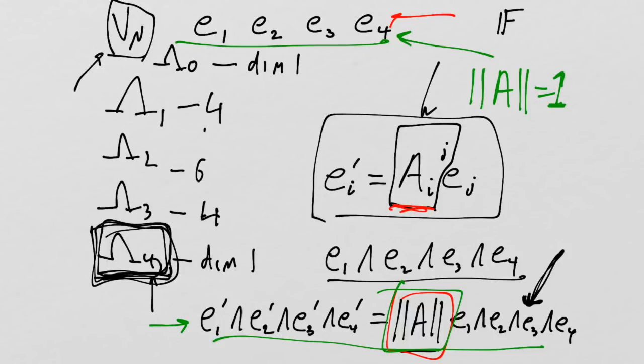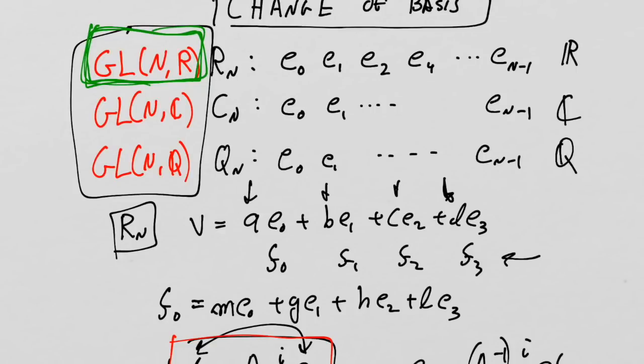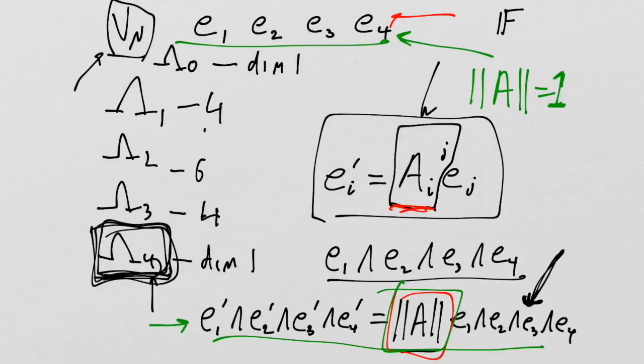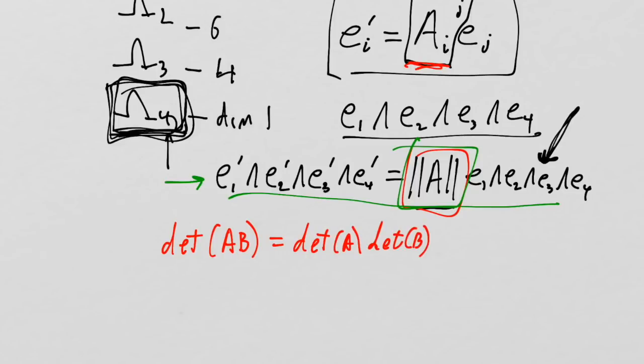And that is a subset of all the members of GL(n, R), right? That's not all of them. That's just some of them. But what's interesting is that we know that the determinant of the product of two matrices equals the product of the determinants of the two matrices.